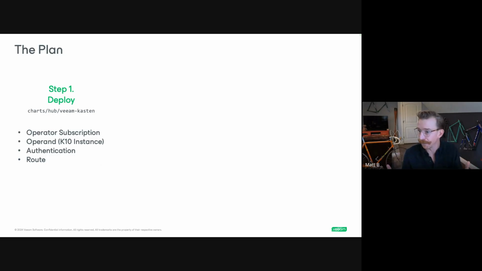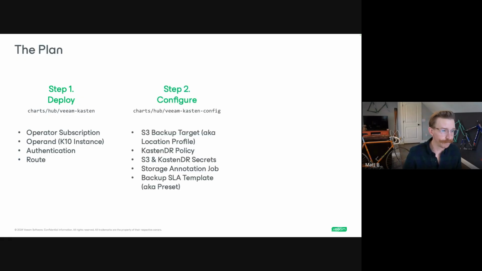The Kasten operator is essentially a Helm wrapper style operator. So deploying then the instance of Kasten as an operand and setting up some basic access configuration to Kasten itself: creating a route, configuring authentication.